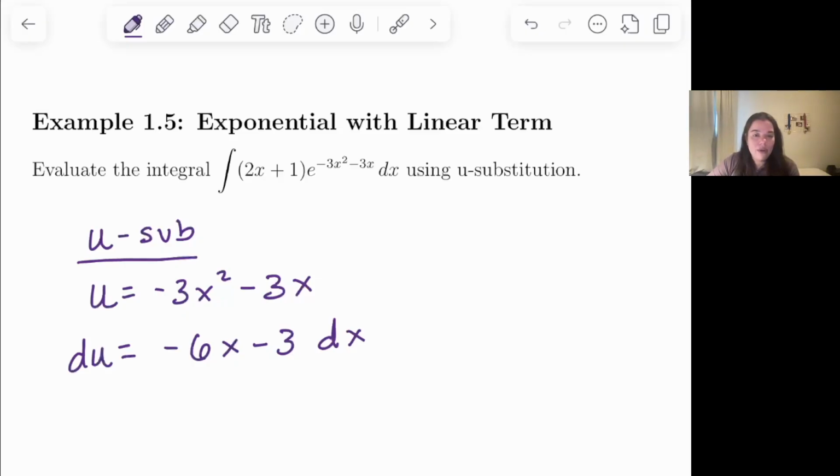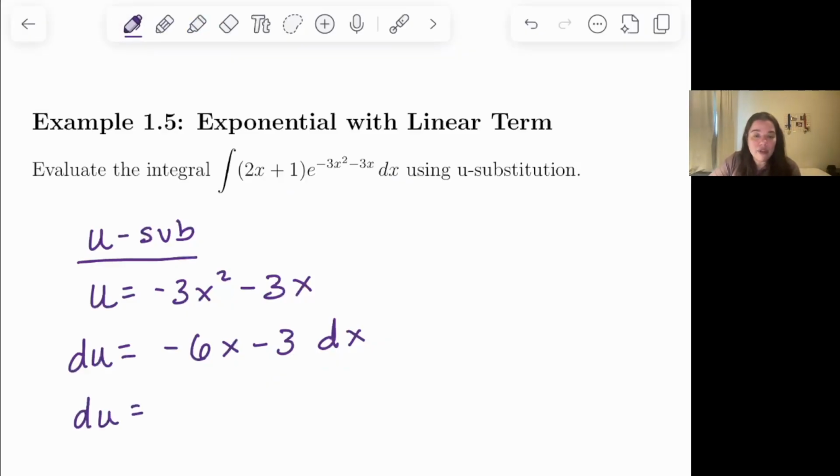Now, again, pay close attention here. Here, I have a perfect match. So I have a replacement for my u. The problem is, what's going to be my replacement to get rid of the 2x plus 1 and the dx? And I'm going to show you a little bit of fancy footwork.